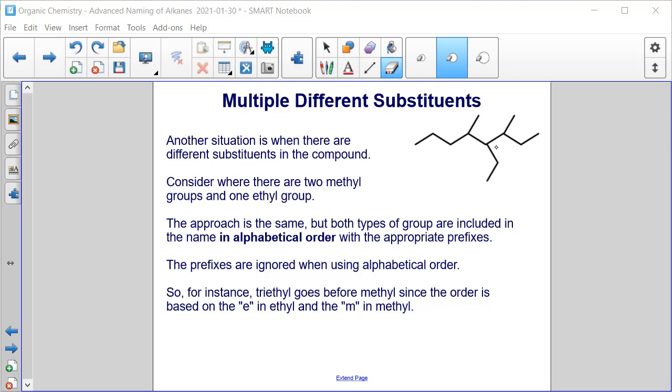Okay, so ethyl would come before methyl, right? With the appropriate prefixes. The prefixes, though, are ignored when using alphabetical order. So if we had a dimethyl or triethyl or something like that, we use the methyl and the ethyl to determine our alphabetical order. So triethyl goes before methyl since the order is based on the E in ethyl and the M in methyl.